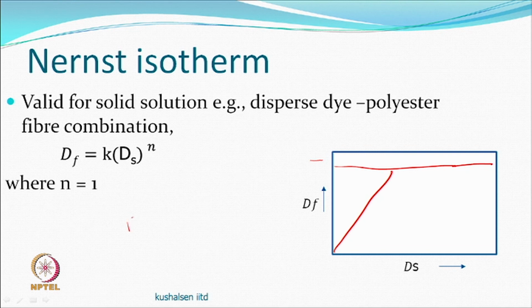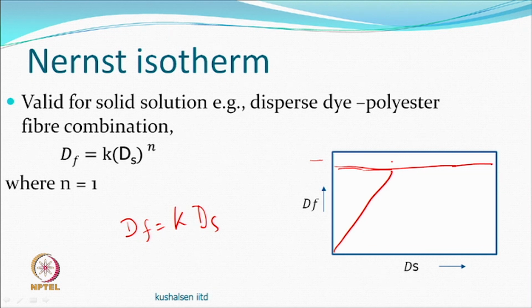So, when n is equal to 1, the formula for you will be this, and this is the limit. After this there is no space; whatever the voids and amorphous regions are, they are also filled.